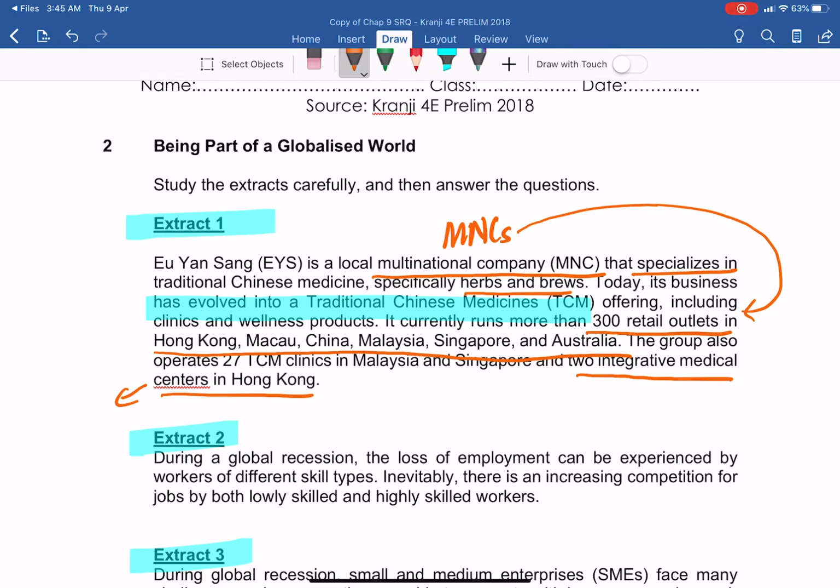So all this shows innovation. All this also shows creativity. It also shows the ability of the company as an MNC. It is a risk taker. So all these are actually going to be the answers to help you.